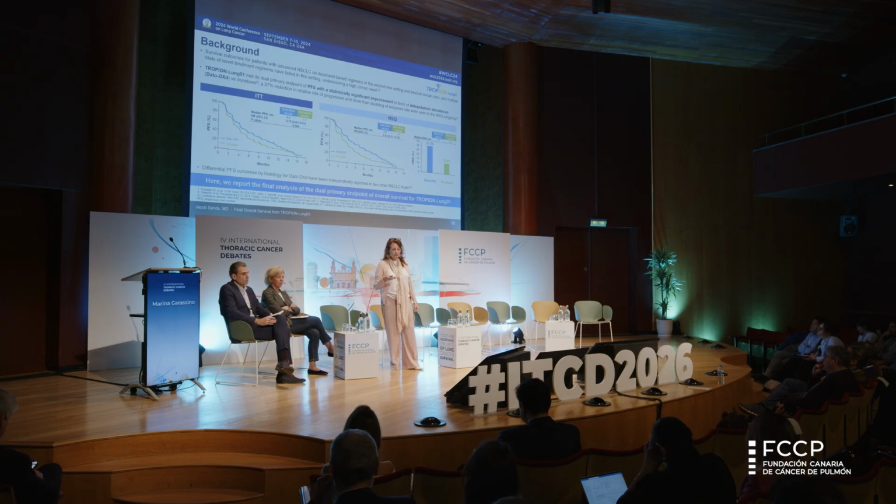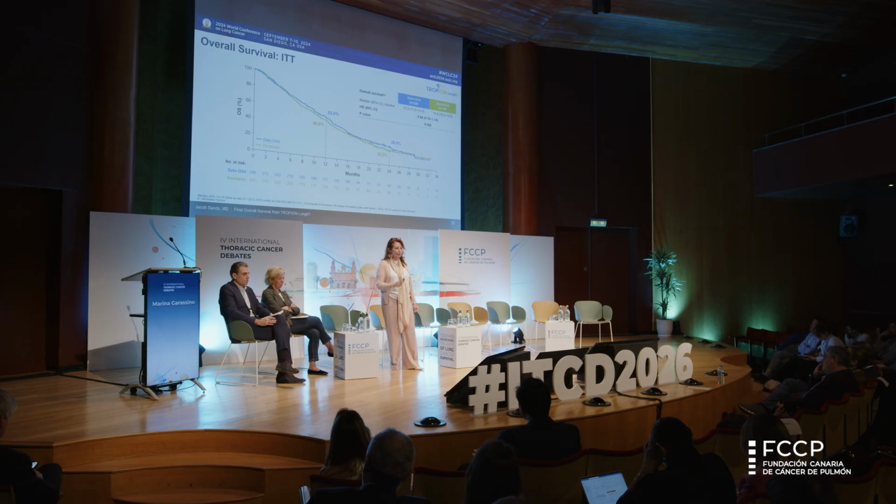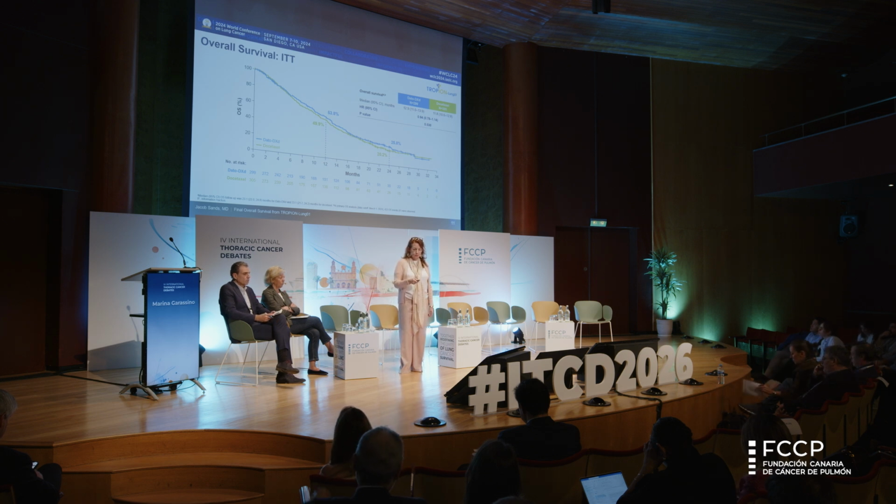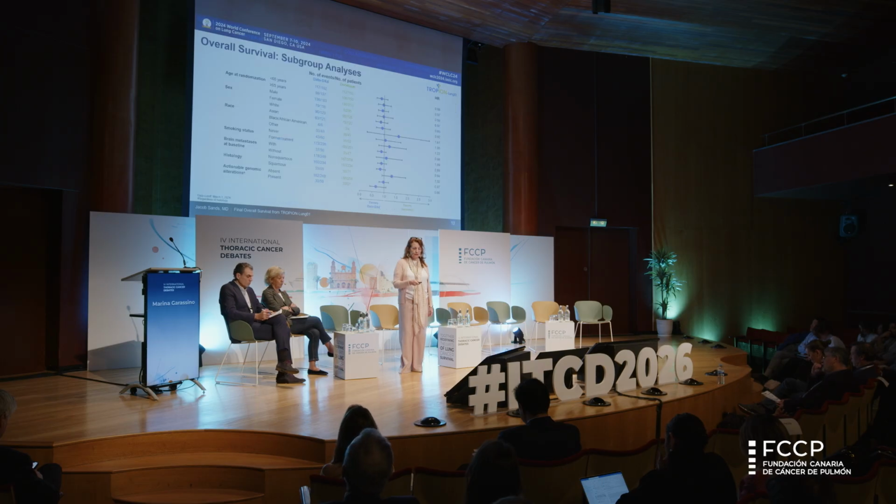So we thought this could have become a replacement of docetaxel, but unfortunately, the overall survival was completely negative. This drug didn't make it to the second line in this population. What was important is that if you look at the subgroup analysis, there are no signals of activity in any of these subgroups.